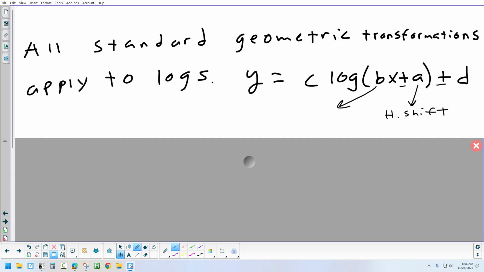Okay, B, still inside the argument to the log function, but now it's multiplying x by a value. It's not adding or subtracting. So what kind of transformation is B? Yep. Horizontal stretch. If B was 2, how would you describe the stretch?